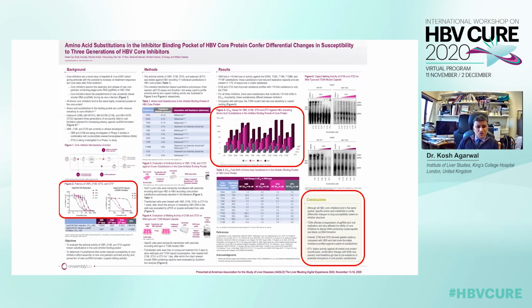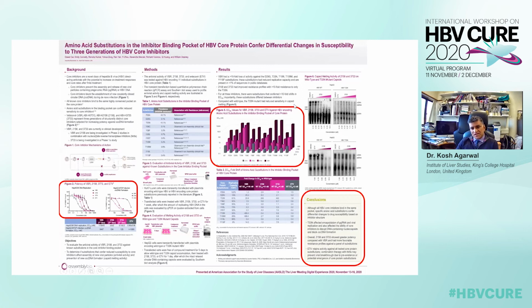And this doesn't project well, but this demonstrates that certainly Assembly have looked very hard at HBV core inhibitors and demonstrating that amino acid substitutions at the binding pocket can demonstrate differential changes in susceptibility, and show us that here entecavir, 0731, 2158, and then 3733 also then increase in potency.